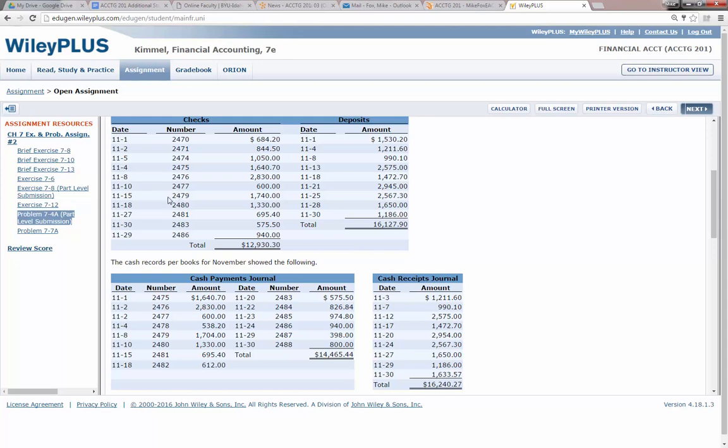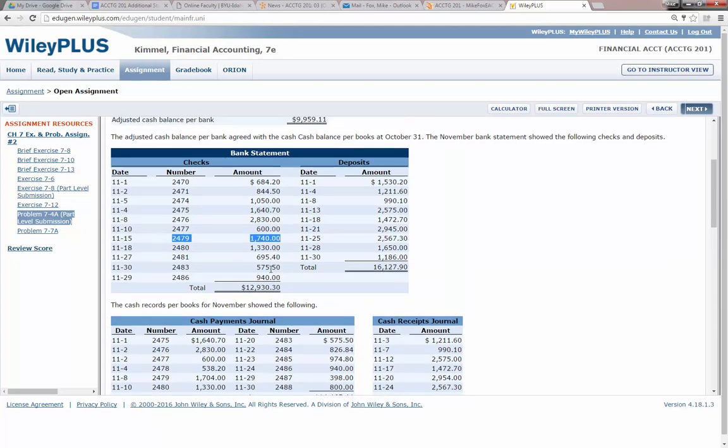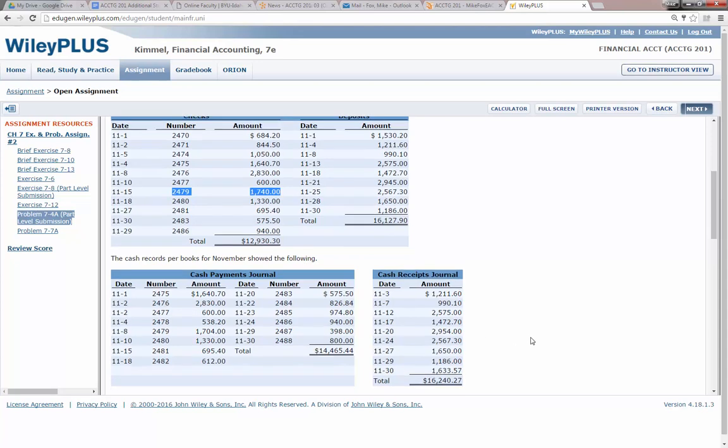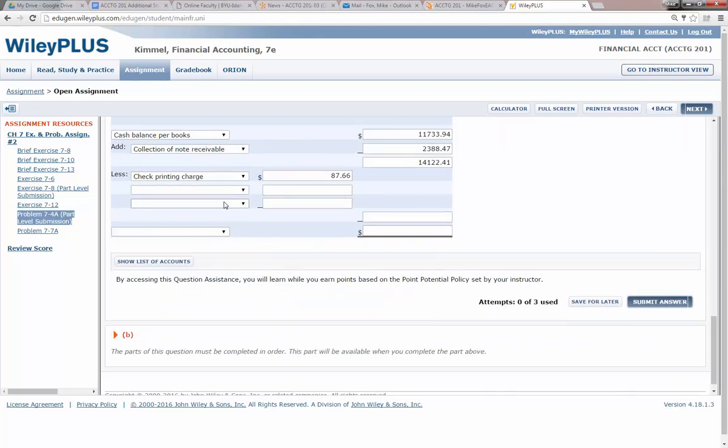You can see right here, $24.79 is recorded on the bank statement at $17.40, but recorded on our books at $17.04. So our books right now are showing $36 less than what the bank is showing. So we need to make a correction and add that $36 to our book amount.